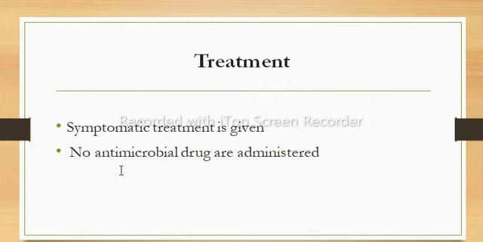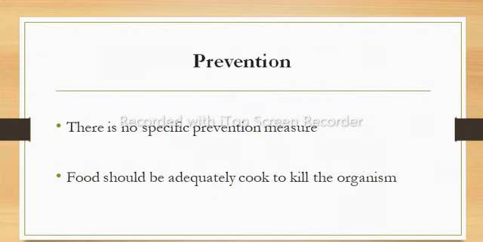No antimicrobial drugs are administered because it resolves in 24 hours. There is no specific preventive measure. The best preventive measure is that the food items should be adequately cooked to kill the organism.